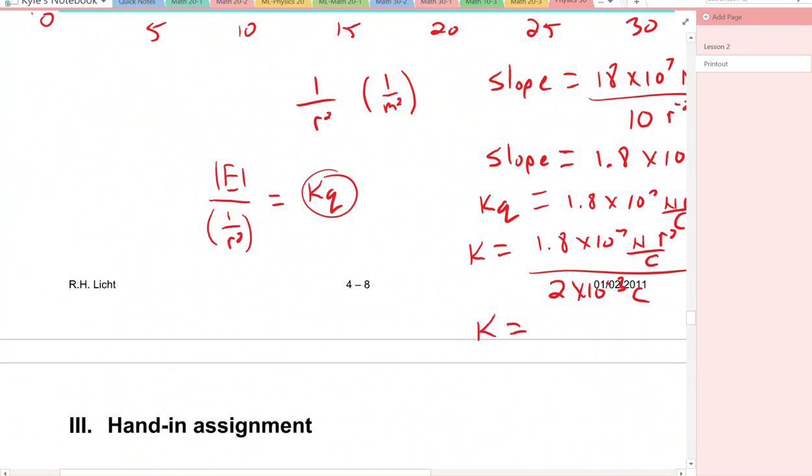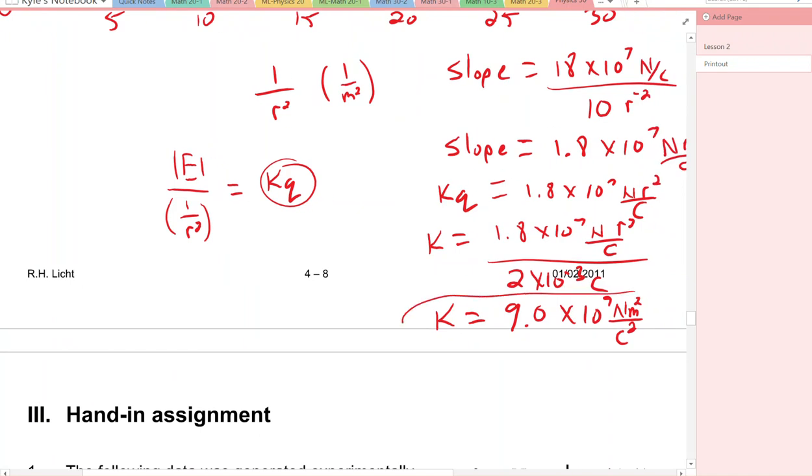So K is going to be equal to, let's say, 9.0 times 10 to the 9, and its units are newtons per meters squared divided by, since we divided by another charge, coulombs squared now.